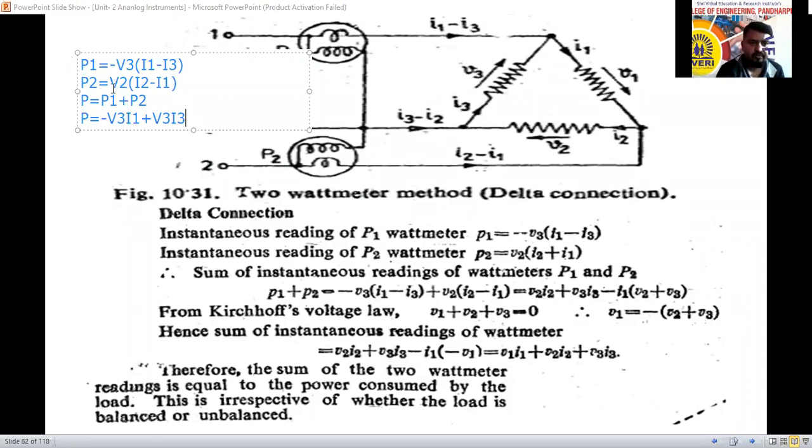Next, P2 equals V2 I2 plus V2 I2 minus V2 I1.